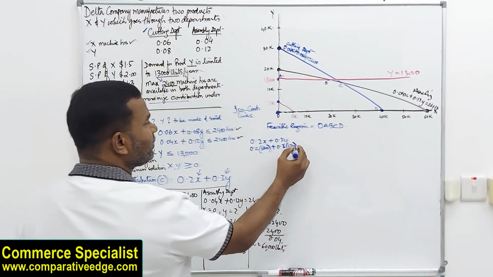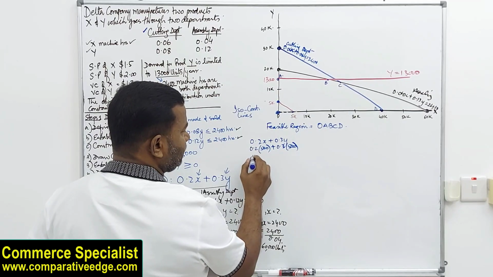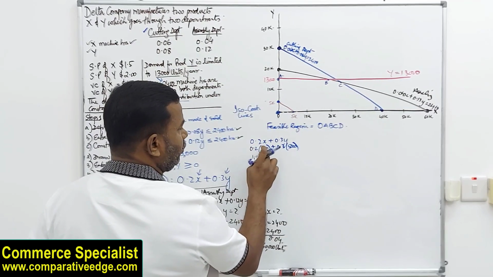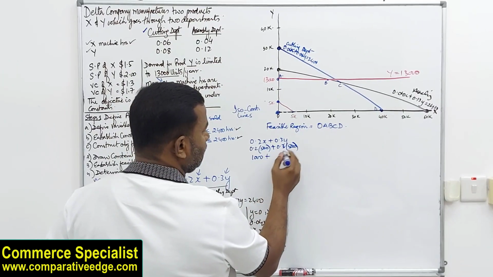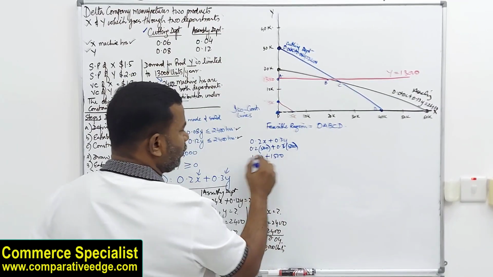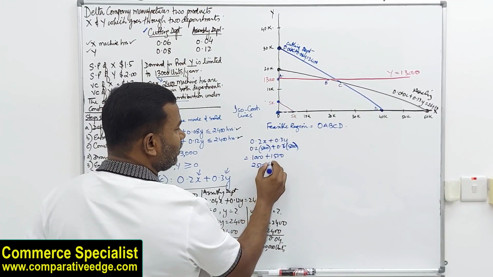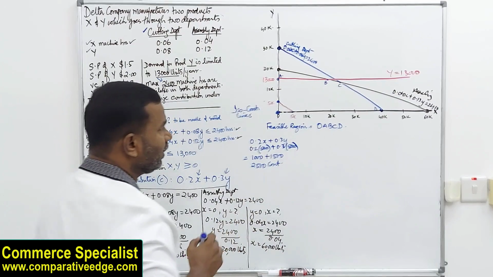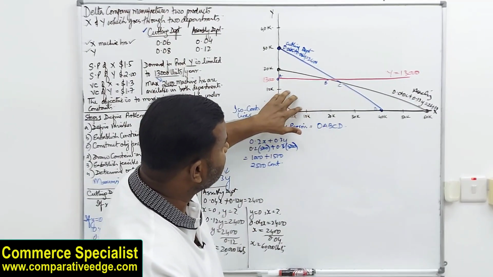Let's see what is the maximum contribution we get. This will be 1,000. 0.2 into 5,000. This will be 1,500. So if I add this, this will be 2,500. This is the contribution. But the thing is, this is our entire region, feasible region.